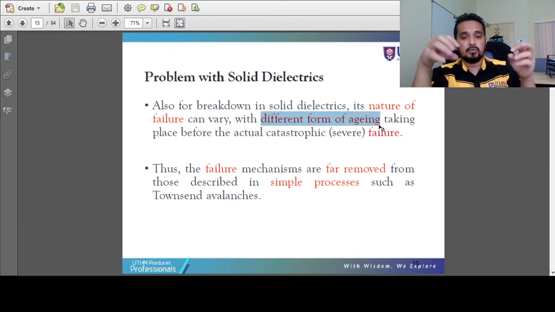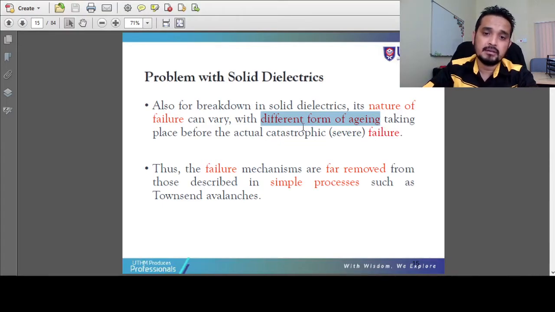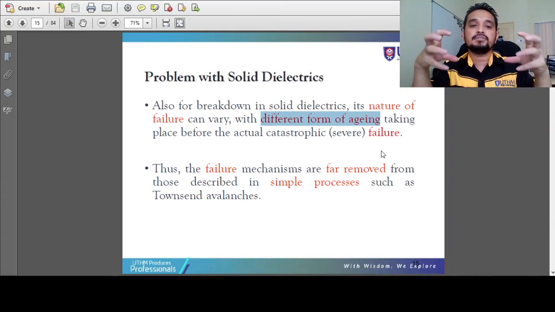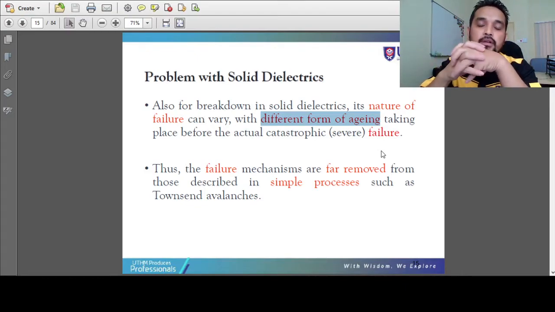But what we call premature degradation or premature aging means that the insulator comes to total failure or total replacement far less than the original or stated operation period or usage.